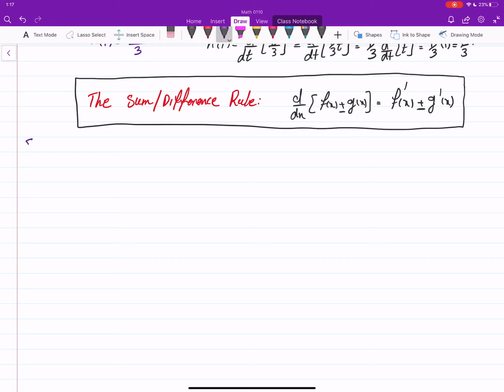Example, find the derivative of f of x is x squared plus 4. What is this? Well, I have to find f prime of x, d dx of x squared plus 4, and this is the sum of derivatives.